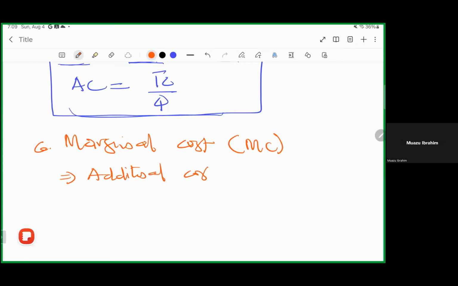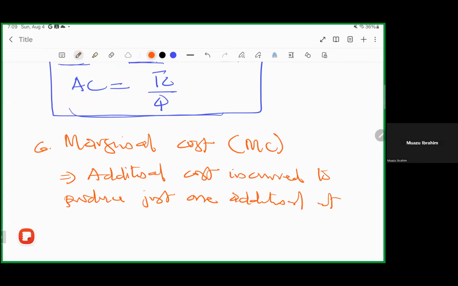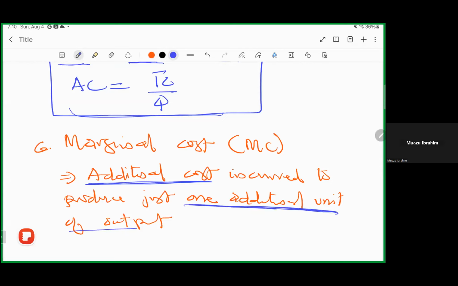We are looking at the additional cost incurred to produce just one additional unit of output. So with the marginal cost, we are looking at the additional cost that you have to incur to produce one additional unit of output.